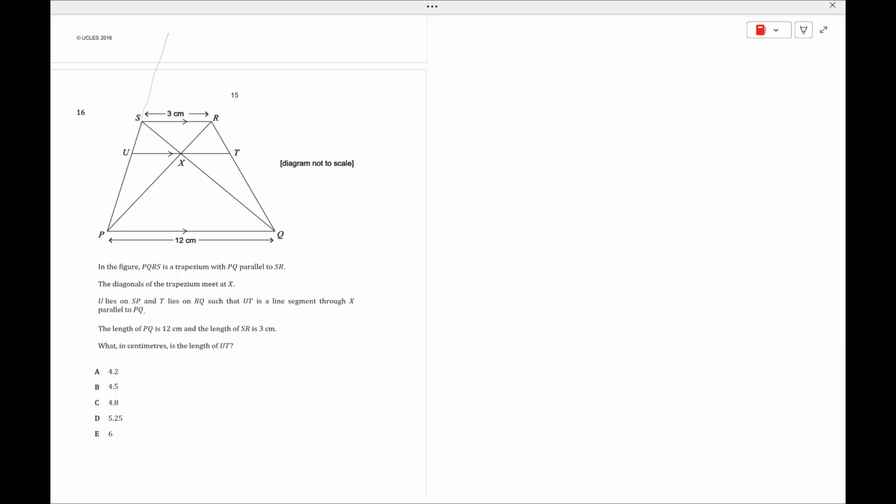So I made the triangle go like this, and so I had three similar triangles. I had this one here, this one here, if I call this point O, say. So I've got SRO as one similar triangle, UTO is another one, and then I've got PQO as well.